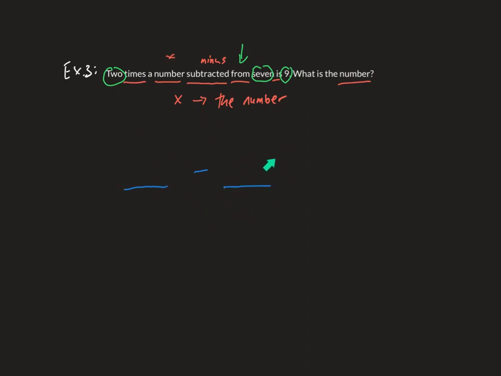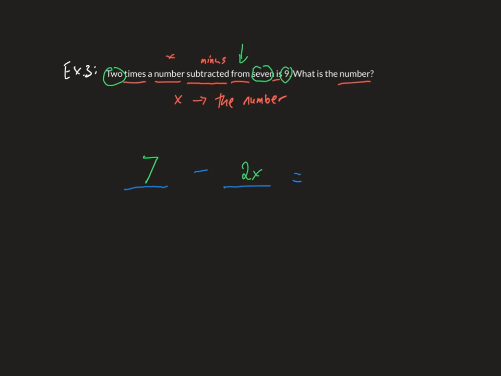Where does the 7 and 2x go? Well, when it says from, that means this part of the sentence is taken away from this one. And if that's true, that means that the 7 should go there, and I'm taking away from it 2 times the number, which we know is 2x. Okay?